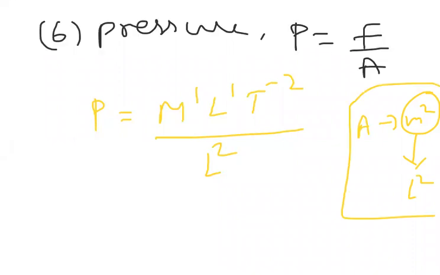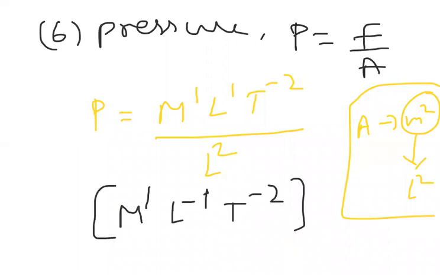From this information, M1 stays, and this L power 2 goes to the denominator, so with the L already there, it becomes L power 1 minus 2, which is minus 1, and time power minus 2. This is the dimensional formula for pressure. We can also call it stress, or modulus of elasticity.